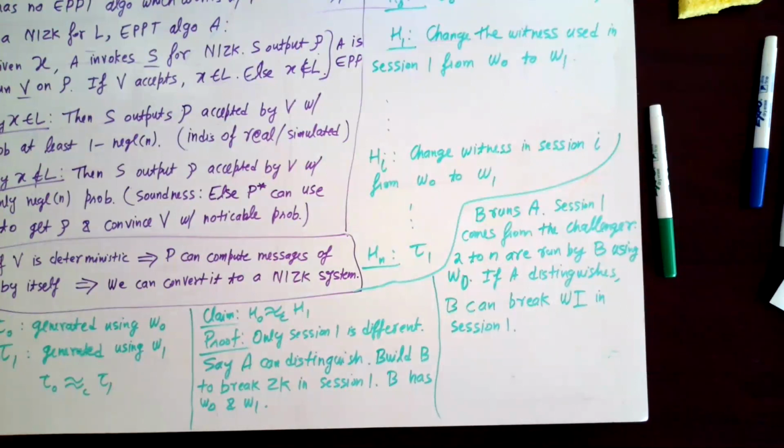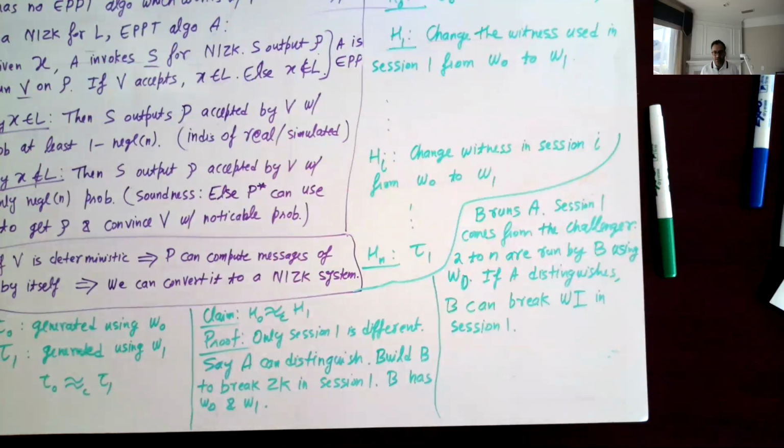I'm just trying to say that the distinguisher A is using a verifier that's a parallel verifier, and B is using a verifier that is a single session verifier. So when B constructs the transcript to be fed to A, that is a transcript that is a bit different than what the original verifier could have output. Yeah. So what is the difference? The difference is that session 2 to session n are missing.